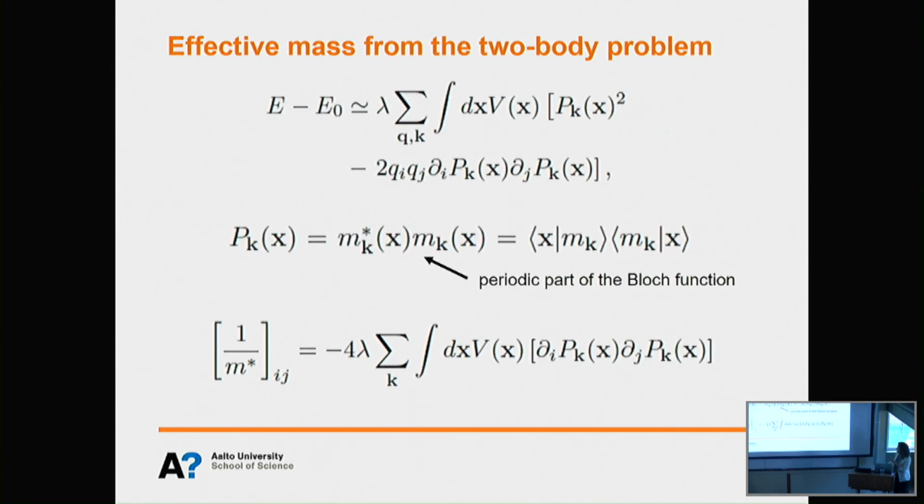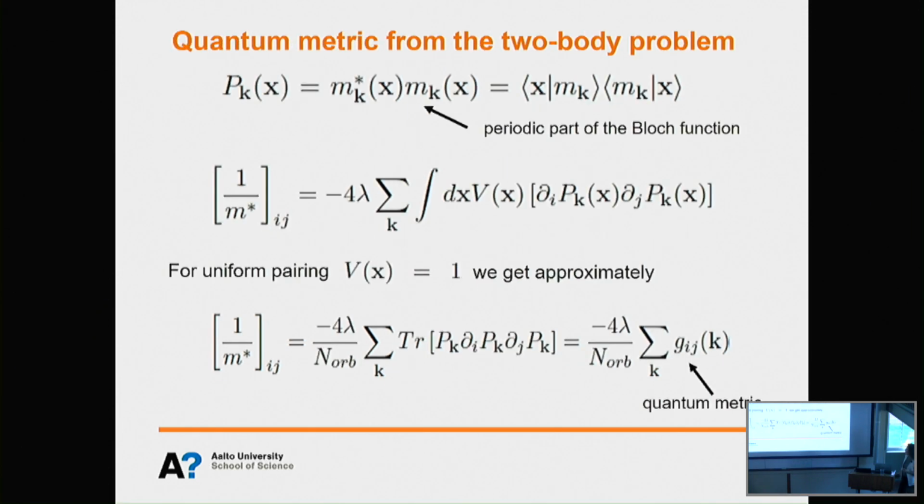And this result, by the way, is gauge invariant and basis invariant. It's very general, even when there are approximations. And then if we further assume that this pairing potential would be independent of orbital, so this kind of uniform pairing, then we get the same result as from the BCS mean field theory.